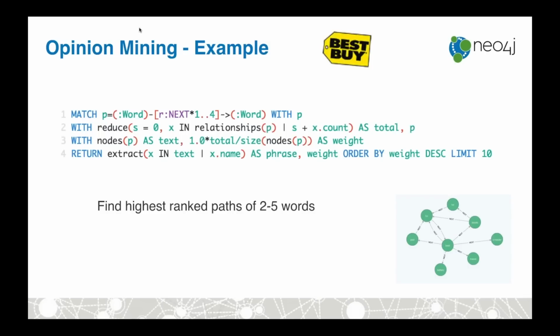We're summing the counts on the next relationship for the paths that we're looking at, and then normalizing by the number of nodes in that path to define some weight. Then we're returning the 10 candidate summaries, or the 10 paths, which end up being words, ranked by the weight.